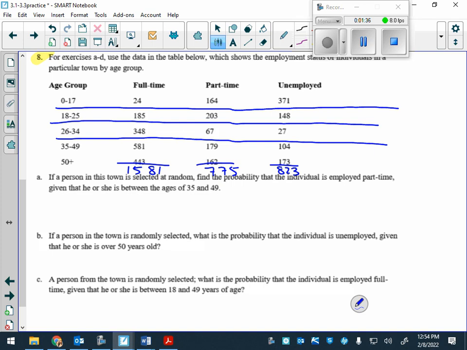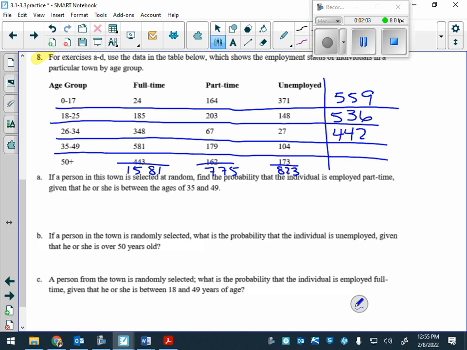And the age group totals are a lot that we're going to use. Total number from 0 to 17. Go ahead, Daniel. 559. All right. 18 to 25. Taylor? 536. Good. Okay. 26 through 34. Sawyer?